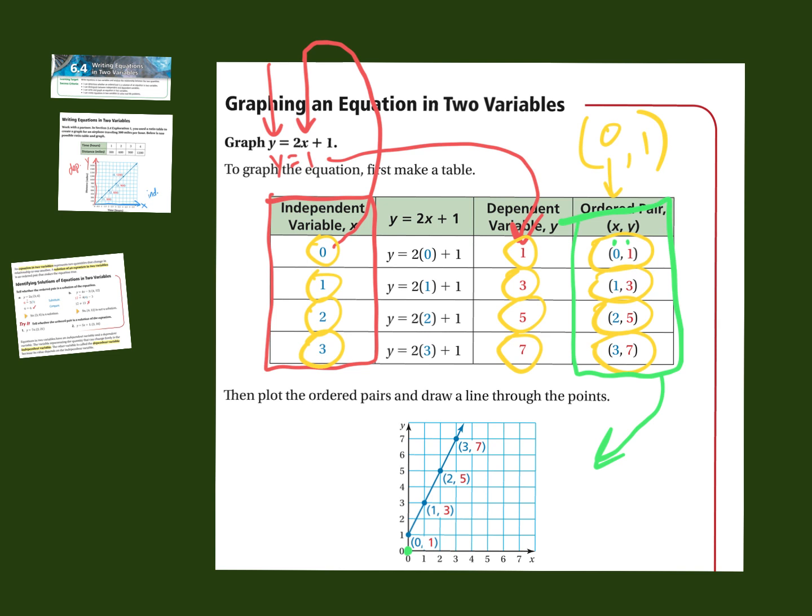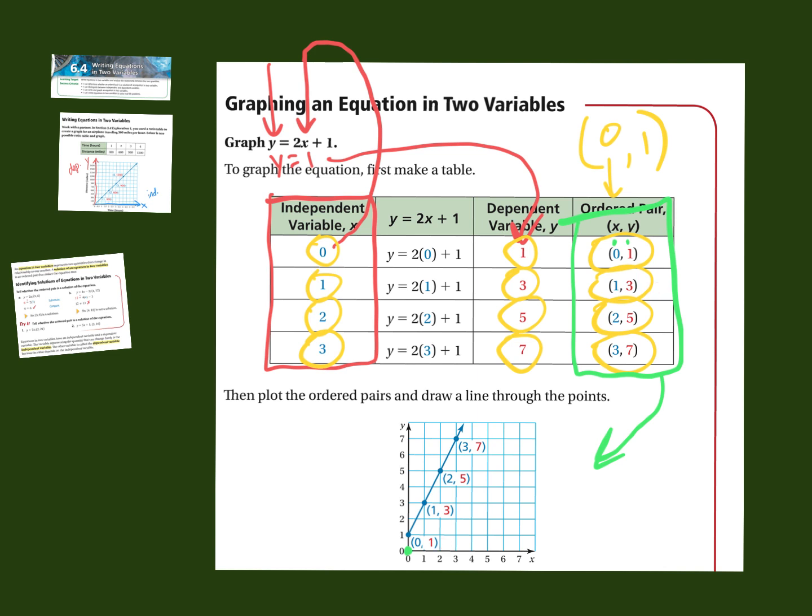So 0 will tell me which direction or how far I go on my x-axis, which is left or right. And so in this case, since it's 0, I'm not going to go left or right. I'm just going to stay put right at the axis. The 1, my y value, tells me where I go on my y-axis. And so since it's 1, I'm going to go up 1, which is why you see that dot right there, that point, and then the ordered pair (0, 1) right next to it.